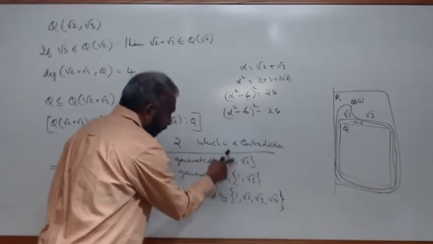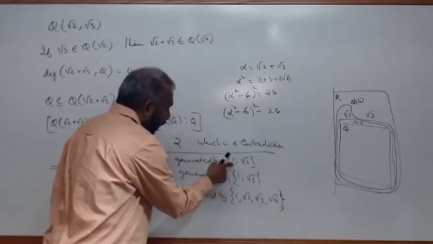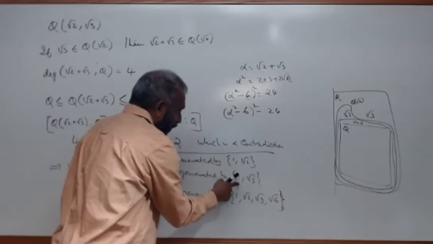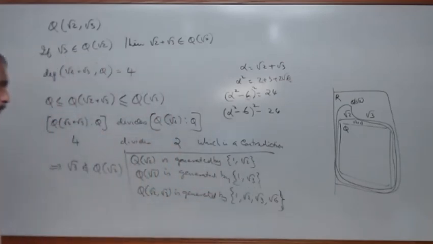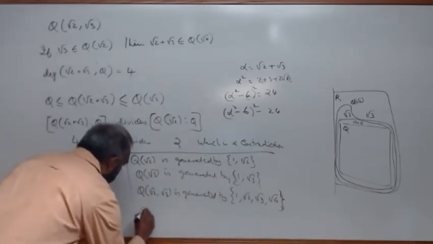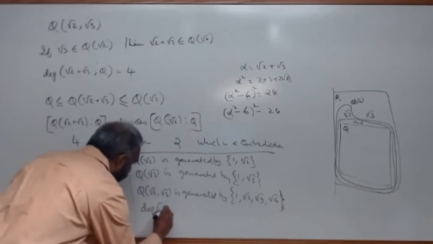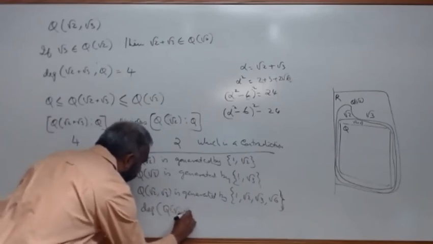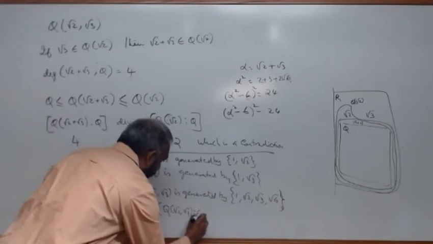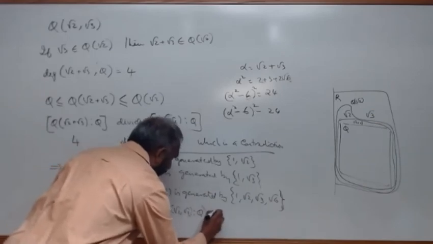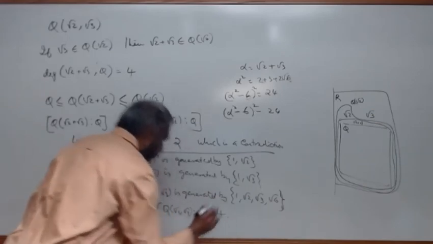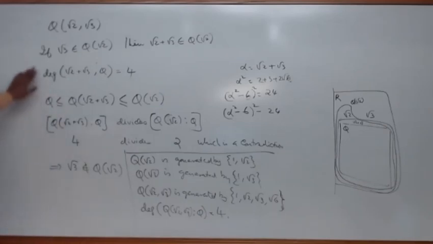It's actually products of elements from here and here. So the degree of Q(root 2, root 3) over Q is equal to 4. So we know everything about root 3 and Q(root 2, root 3).